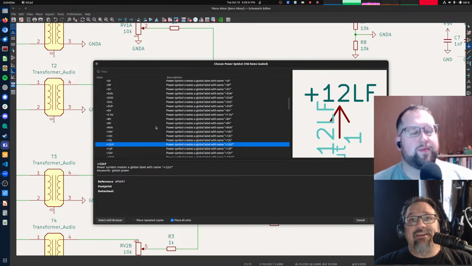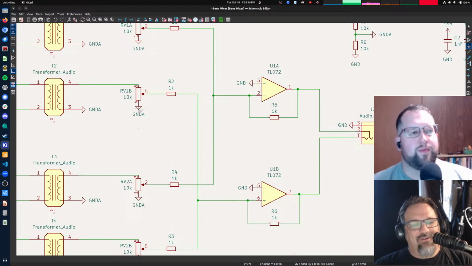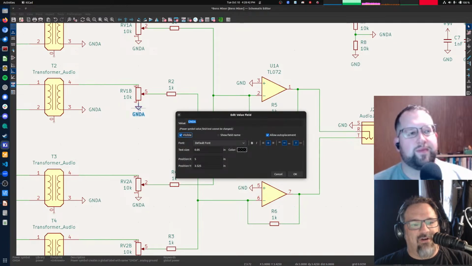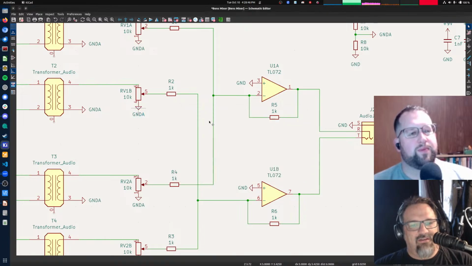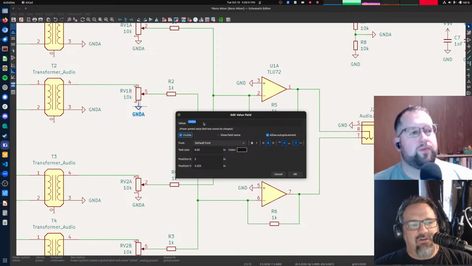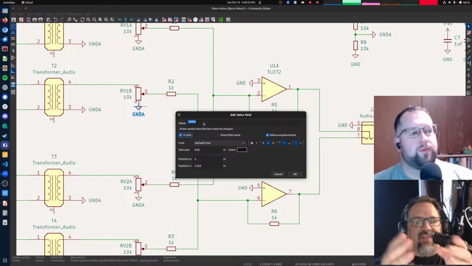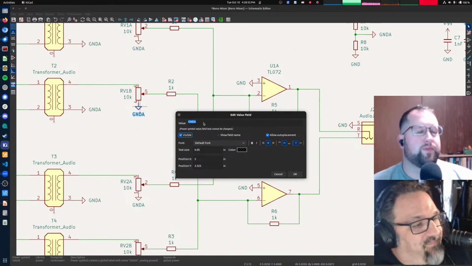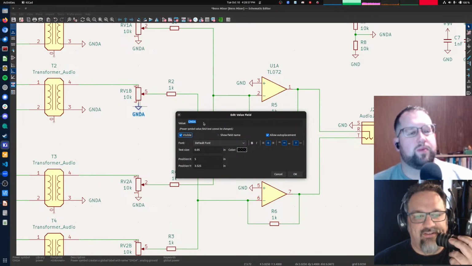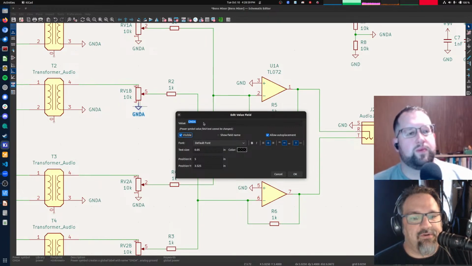Unfortunately, you can change what they look like without actually changing the node that they're connected to. Like, I think I can change that from ground. Will it let me? Value. Oh, no, it won't actually let me. That's new. It used to let you change it. I'm glad it doesn't anymore, because you really should not be changing the names. So now it won't even let me change the name of that.